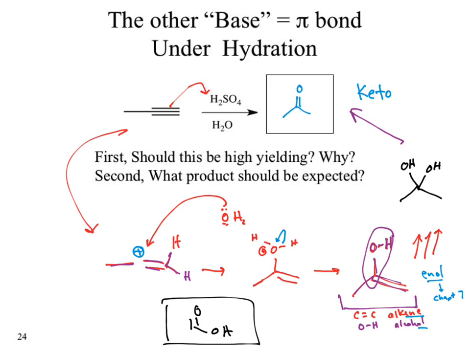Why? Virtually all of our biochemical processes move through the keto-enol tautomerization. Virtually every single one. So if you want to understand why biochemistry works, you need to understand the relationship between the keto and the enol, because that's how we build structures in living organisms.